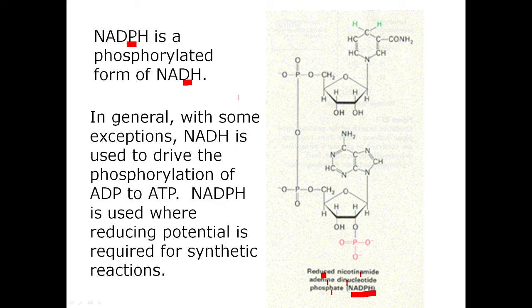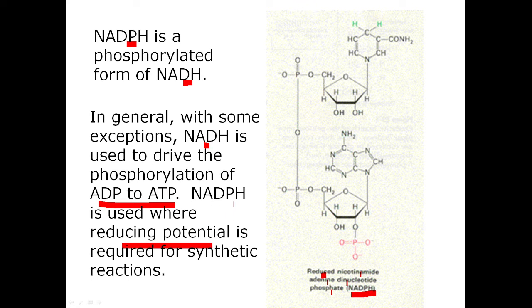In general, with some exceptions, NADH is used to drive the phosphorylation of ADP to ATP. In the last lecture we saw that the Krebs cycle produces NADH, and this NADH can enter the electron transport chain, which facilitates oxidative phosphorylation in which ADP gets converted into ATP. So that is the role of NADH, whereas NADPH is used where reducing potential is required.